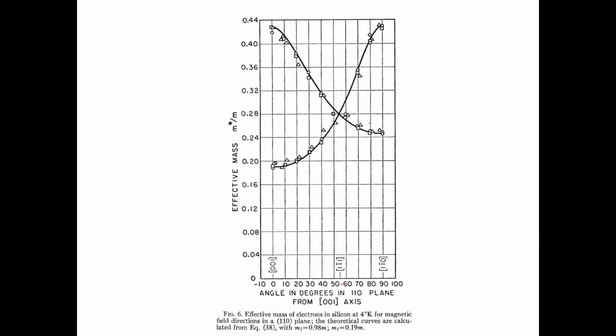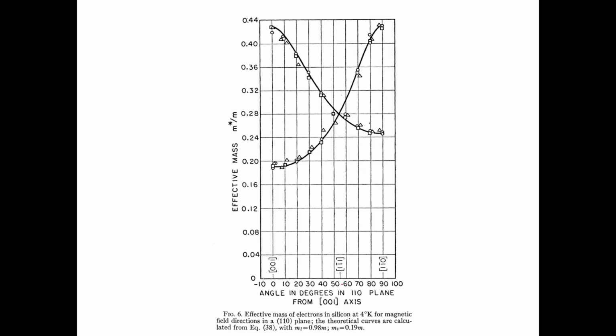All right, and this is the experimental results from the same paper of the effective mass for electrons, meaning the conduction band, and you can see precisely these are the longitudinal and the transverse mass.